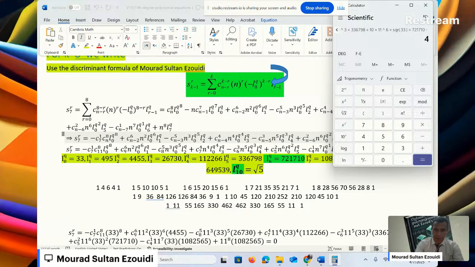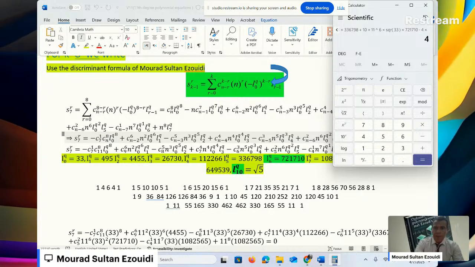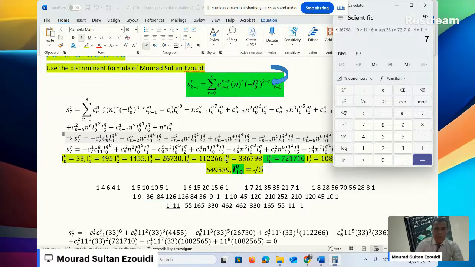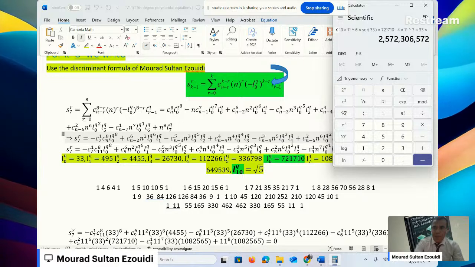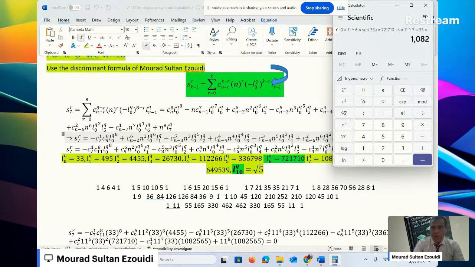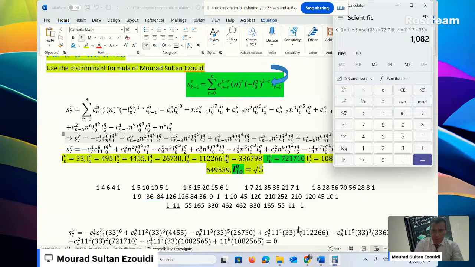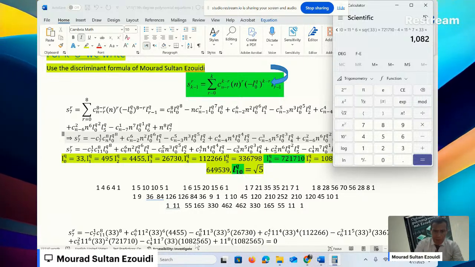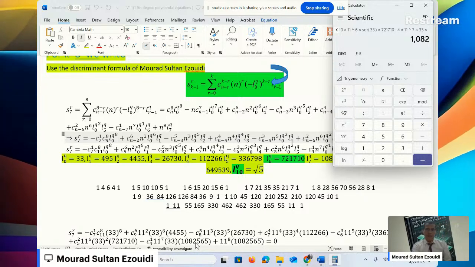Minus here, multiply by 11 raised to the power 7 multiply by 32, multiply by 1,022,000, 1,000,000, 1,033,560. There, correct.